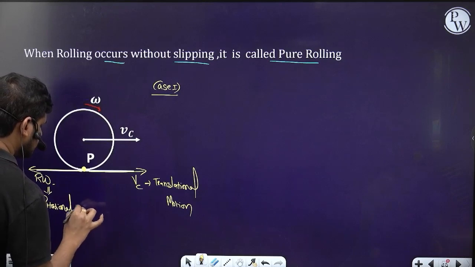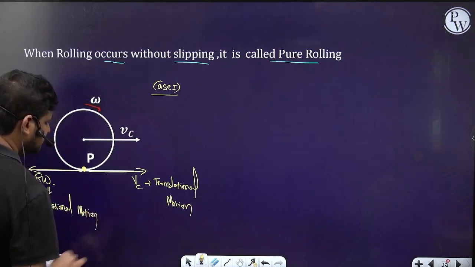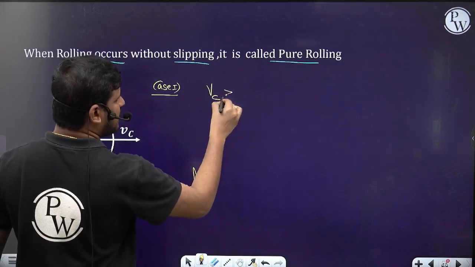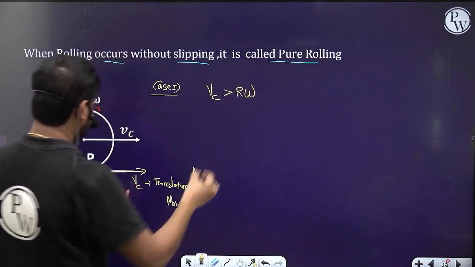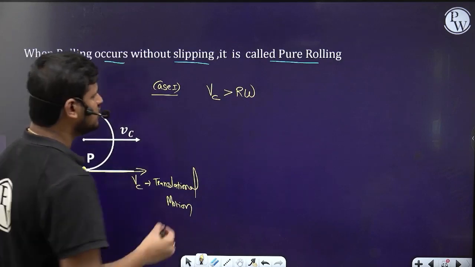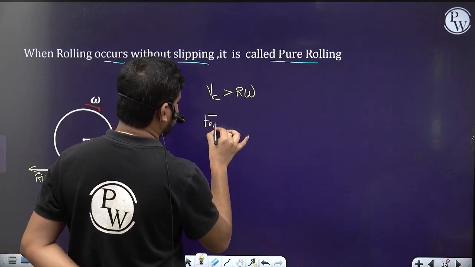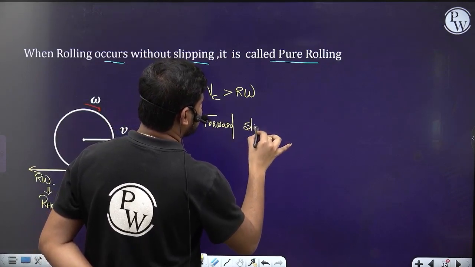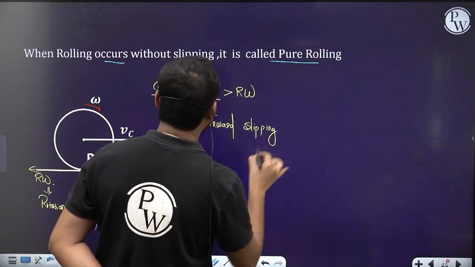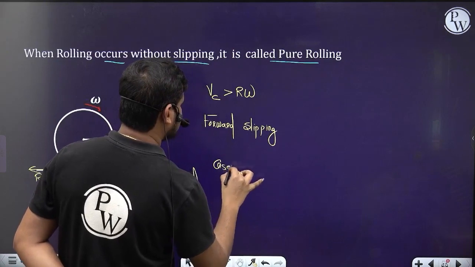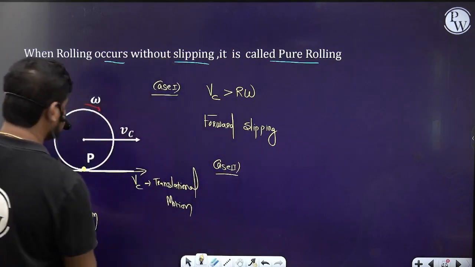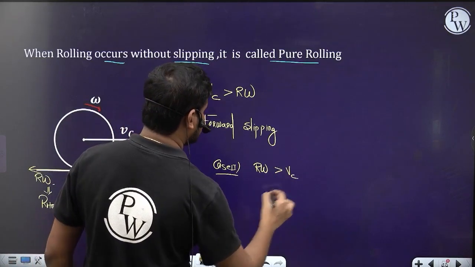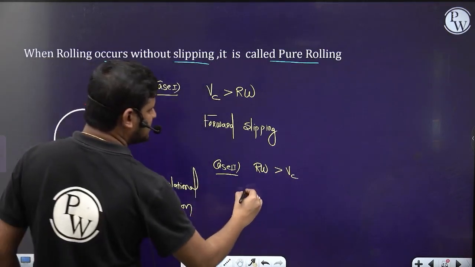So what does it mean by slipping? If Vc is greater than r omega, then it is called forward slipping. Case 2, if r omega is greater than Vc, then it's called backward slipping.